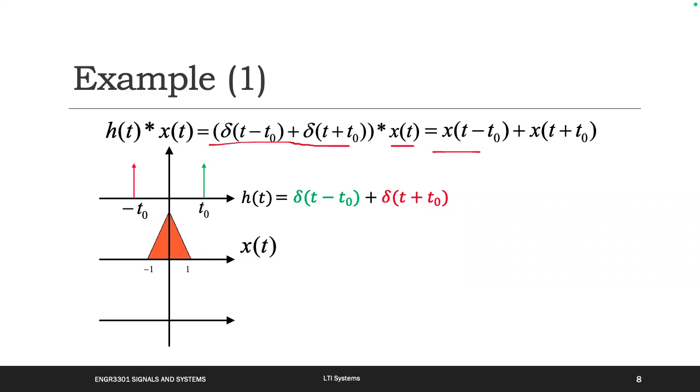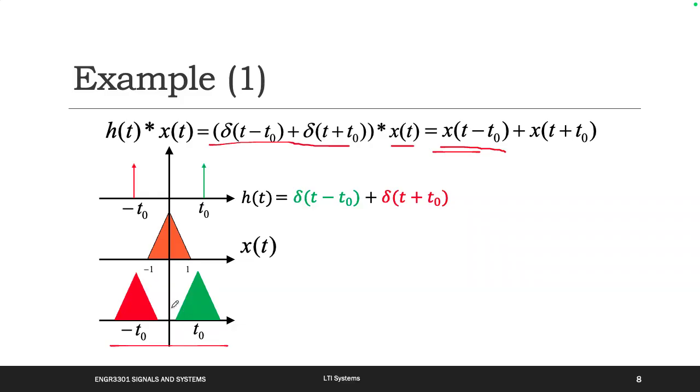Okay, and what's this one? This is just x(t) shifted to the right by t0. And this one is the original shifted to the left by t0. So it's this one. But as we talked about in the last class, we don't want these two parts to overlap, because otherwise it will not follow the LTI system property.